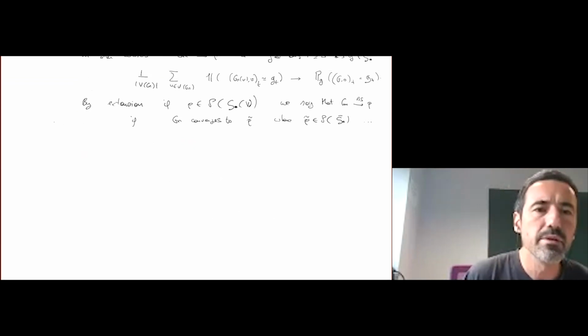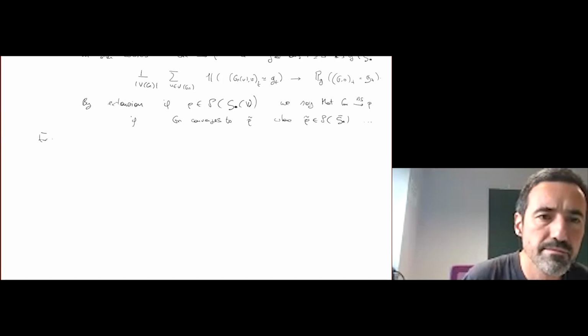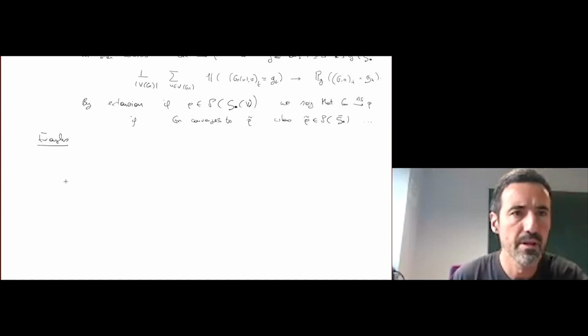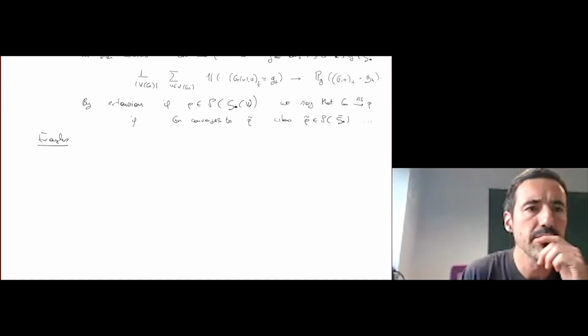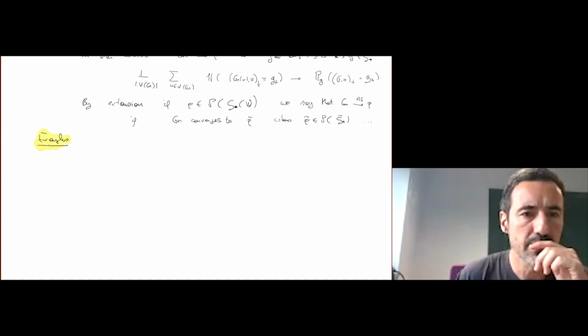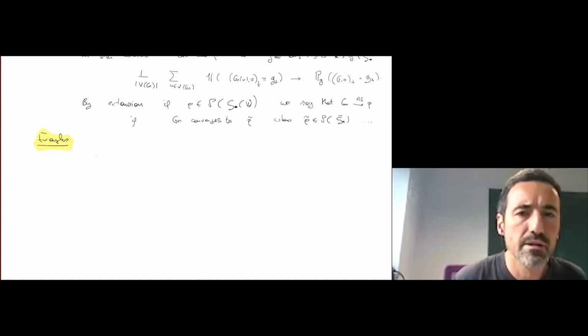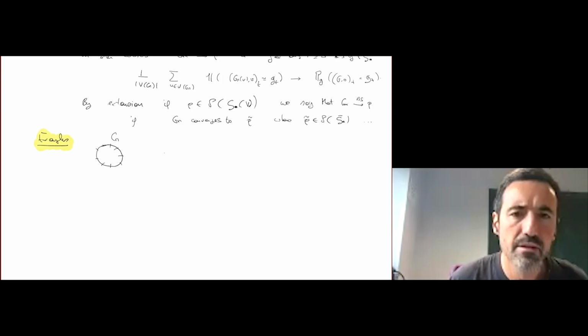Let's give some examples of convergence in the Benjamini-Schramm sense. Let's start with the cycle Cn. Where does it converge in the Benjamini-Schramm sense?